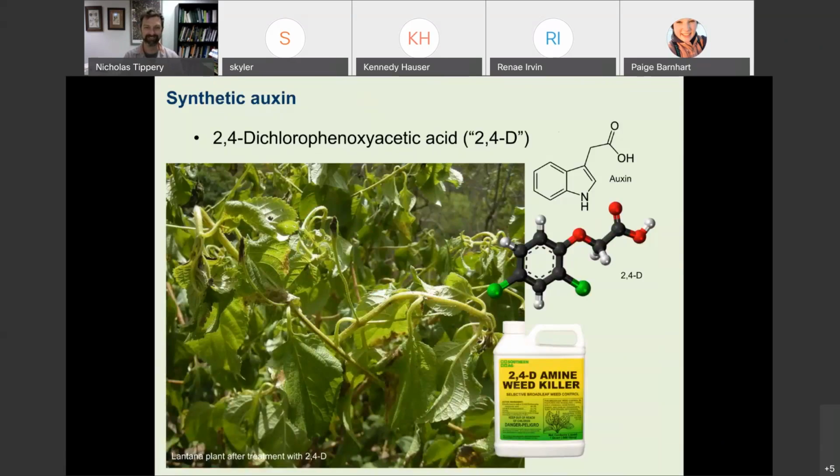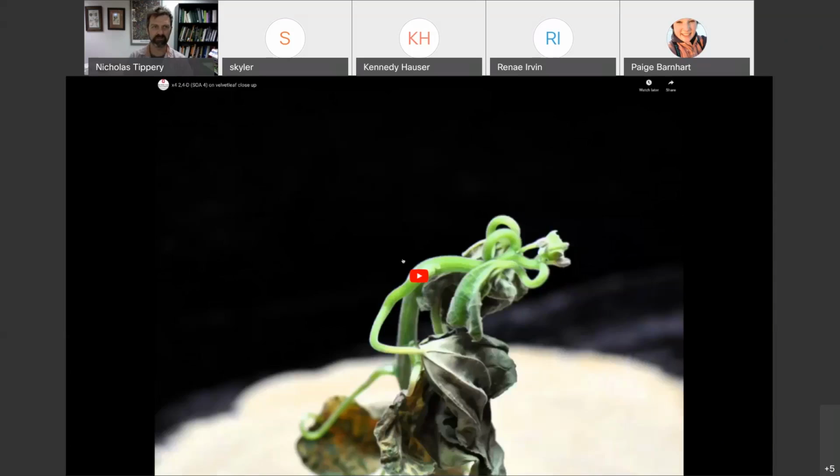Okay, back on schedule. There is a synthetic auxin that people use as a herbicide. So this is a herbicide called 2,4-D. And it's something you can spray on your plants and causes them to basically grow out of control to the point where they exhaust their resources.